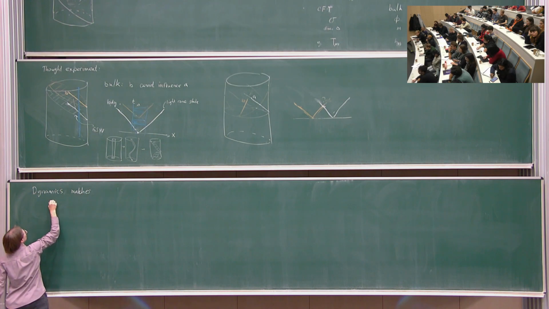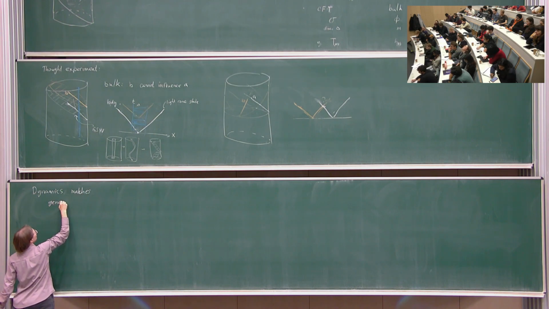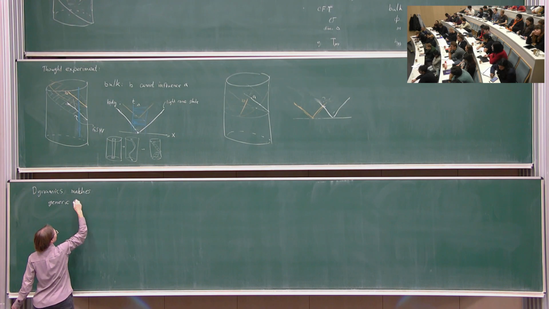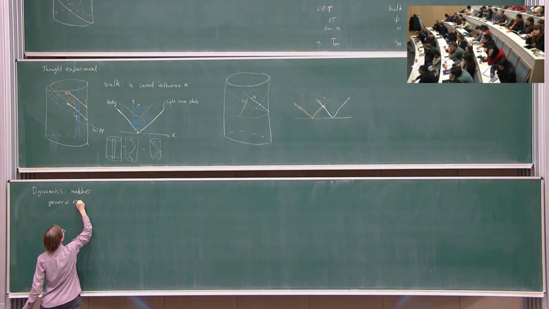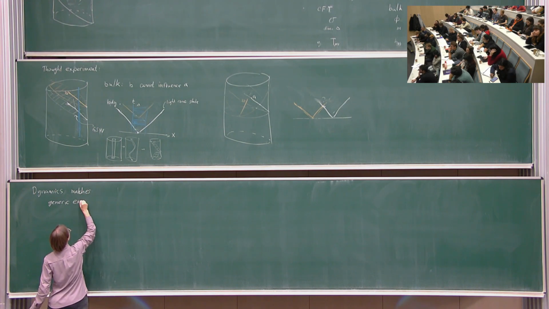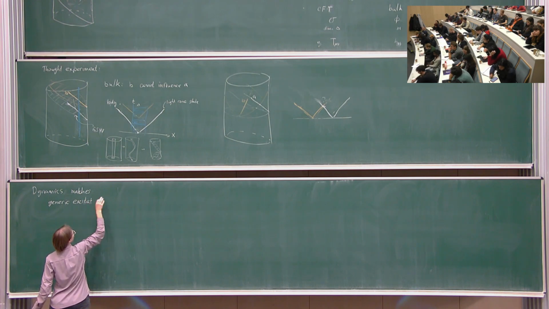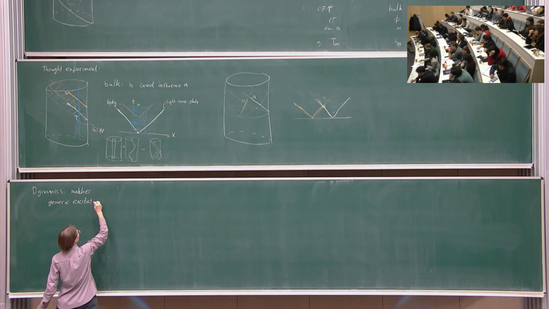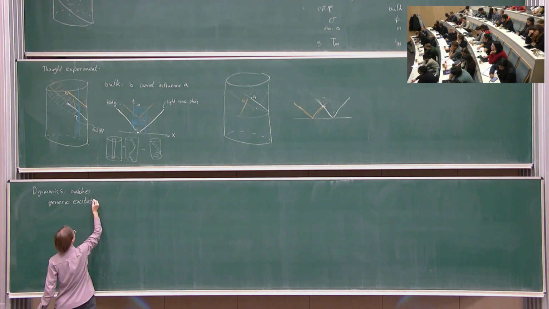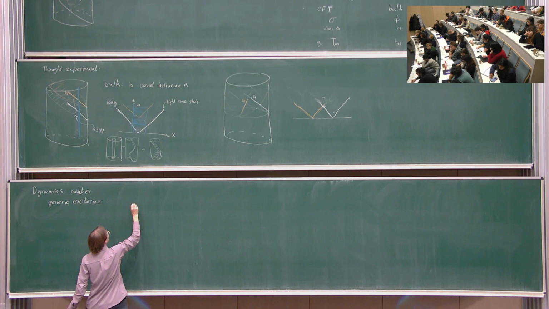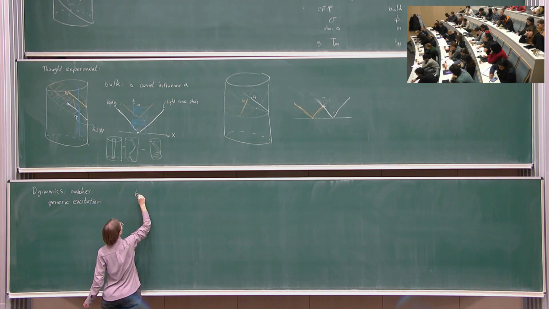And if I put in a generic excitation of large energy, meaning order N squared energy, let's start with order N squared times a factor that's larger than 1 in the AdS units. Excitation in the bulk.